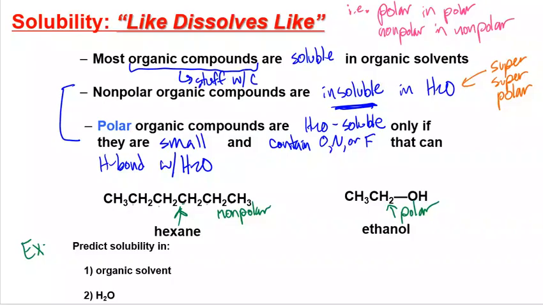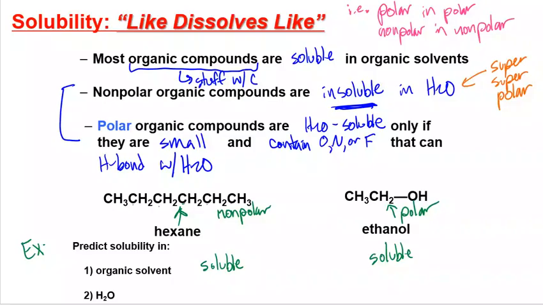Since both of these are organic compounds, they both have carbons, they are both going to be soluble in an organic solvent. This is the easier one: we look and say, is it organic? Then yes, it's probably going to be soluble in an organic solvent.